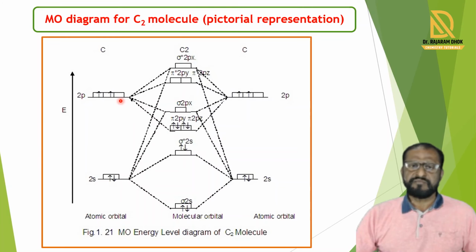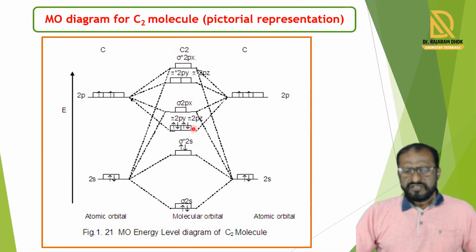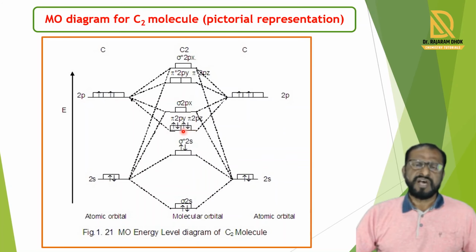When the third atomic orbital of carbon, pz, and the third atomic orbital of the second carbon, when their wave functions are same, then pi 2pz orbitals are formed. Means in this case py combines with py and forms pi 2py. Pz combines with pz when wave functions are same, then pi 2pz orbitals are formed.